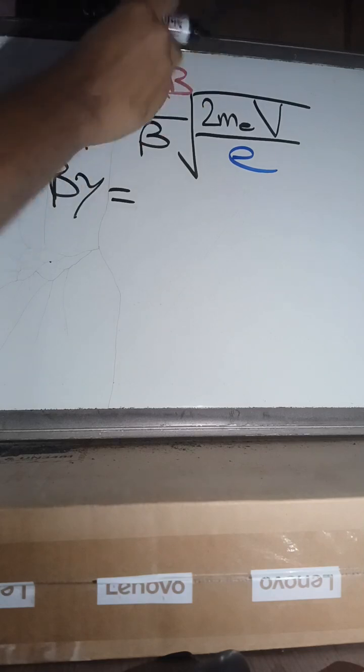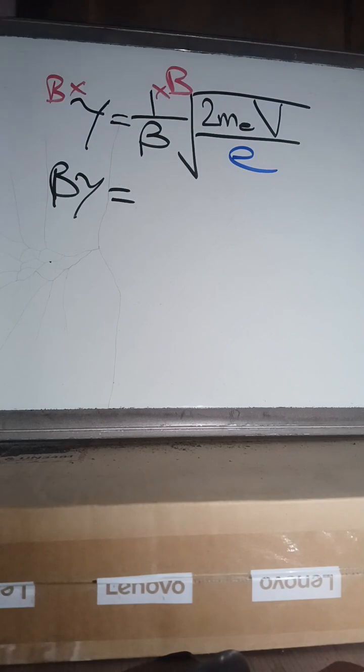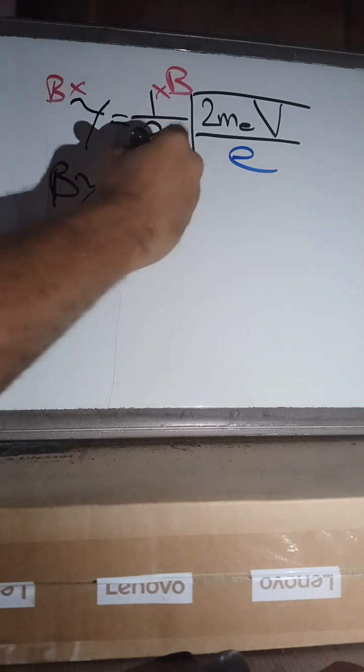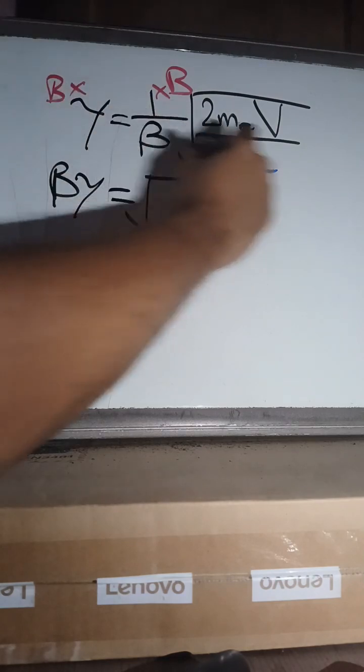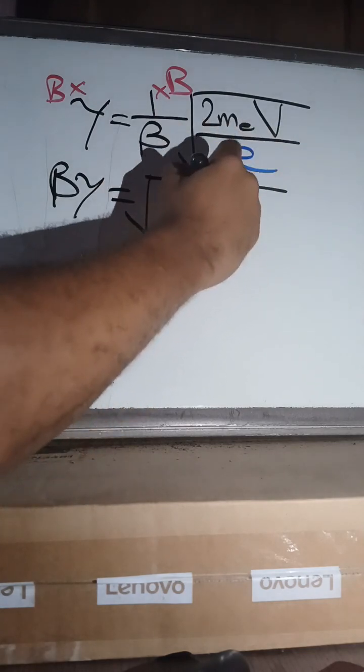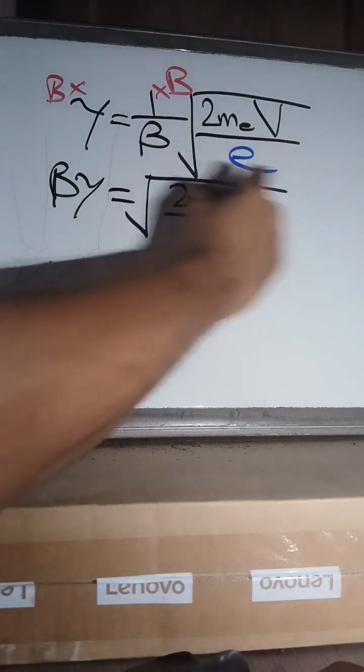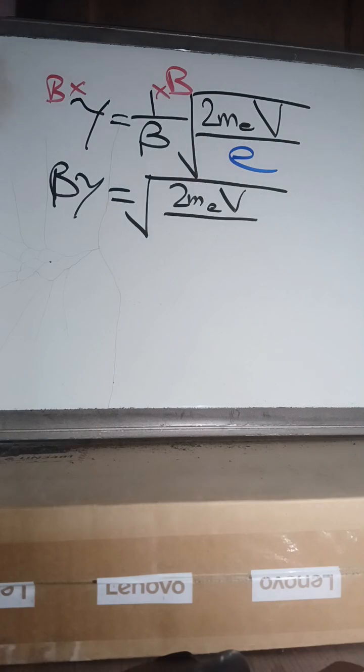B times this, you end up with 1 times all of that.